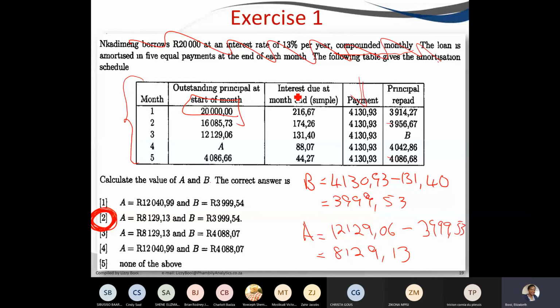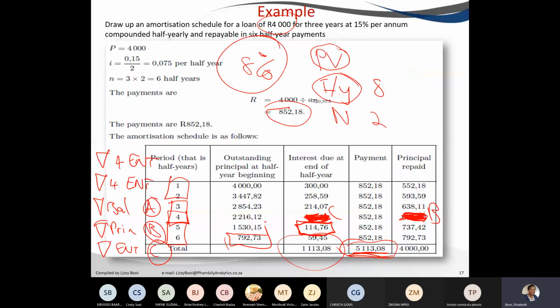So if you add all this principal repaid, it should give you the total of 20,000. All your principal repaid should be equal to the opening balance at the beginning. So if they don't give you the same thing, then it's not complete.